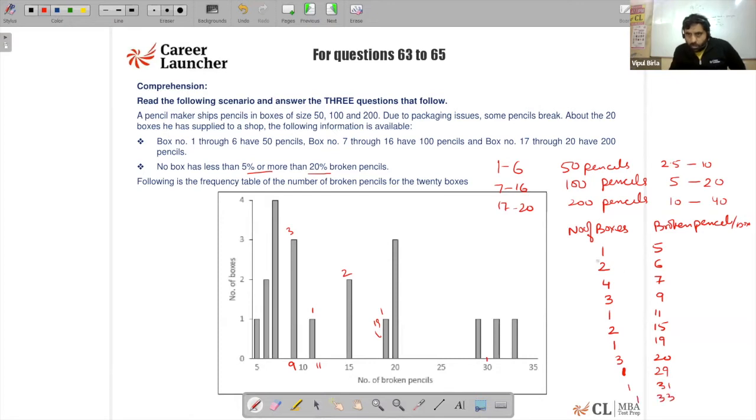So in total, 3, 7, 10, 11, 13, 14, 17, 20. So in total 20 boxes, and these are the broken pencils given.